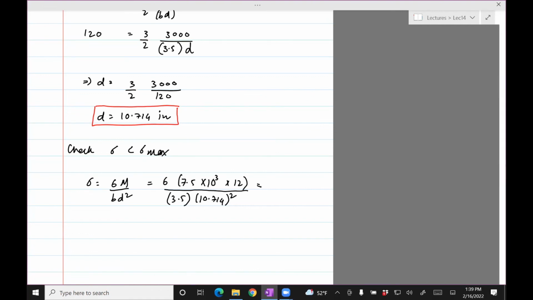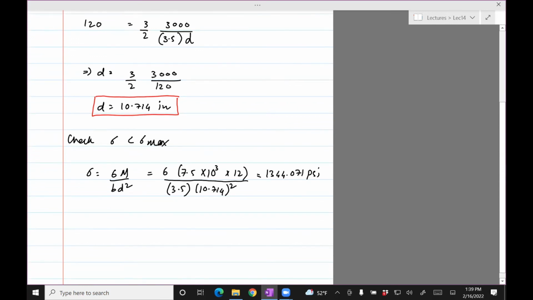That comes out to be 1344.071 psi. Sigma, which is 1344.07 psi, is less than the maximum normal stress allowed by this beam, which is 1800, sigma max.